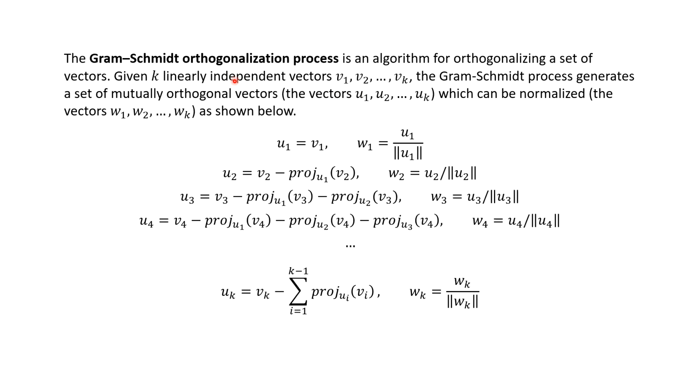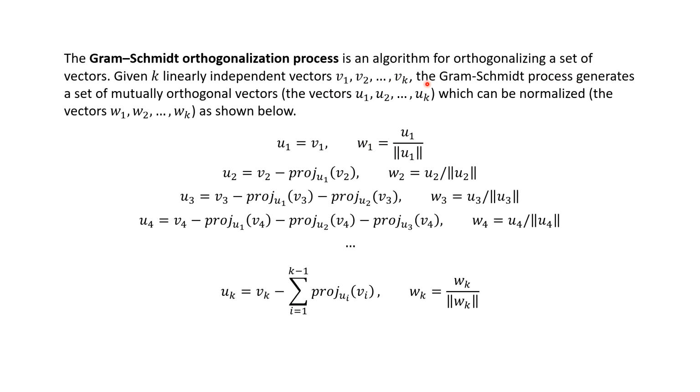Given a set of linearly independent vectors, v1 to vk, in a vector space, it may be desirable to make those vectors mutually orthogonal, and also normalized so that they have length 1. The process for doing that is called the Gram-Schmidt process, which I've listed here.